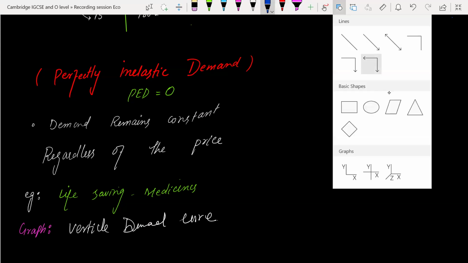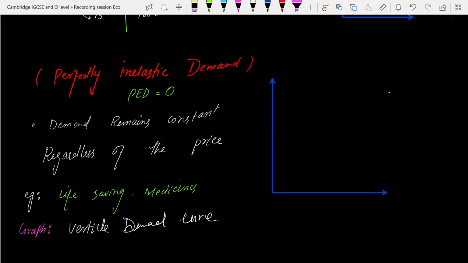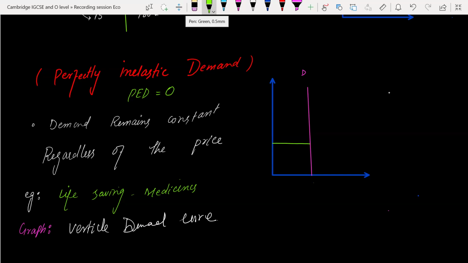For example, if you see a demand curve like this, it means whatsoever, if the price increases or decreases, for example from 10, the quantity demand will remain unchanged; it will remain constant.